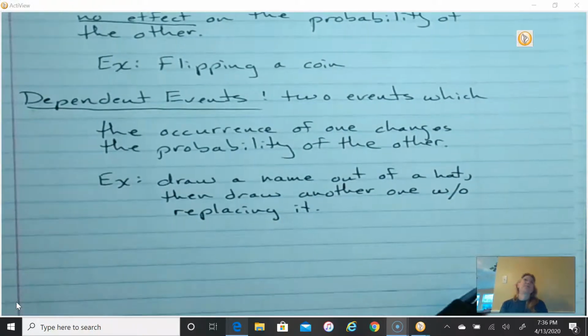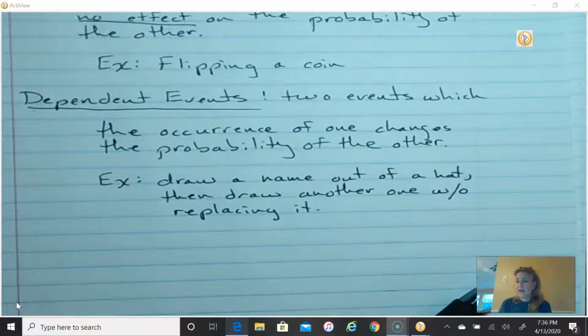So for example, 7th grade. Let's say I'm going to draw two names. Okay? I have all of your names in a hat. I'm going to draw two names. The first one is going to have to bring me tacos. The second one is going to have to bring me Dr.